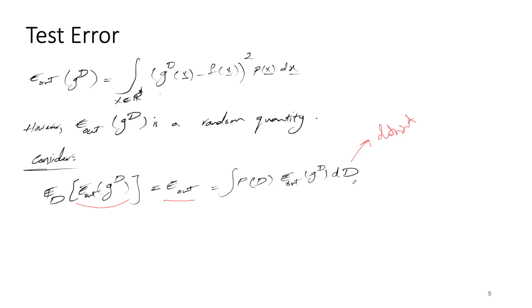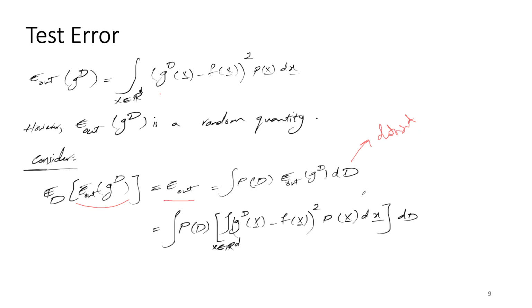So instead of your smaller x's, now you're going to have it over all the D. If we expand this, we're going to have the integral of p(D), and E_out of g_D would be another integral, which we described here: g_D(x) minus f(x), the difference raised to 2, p(x) dx.